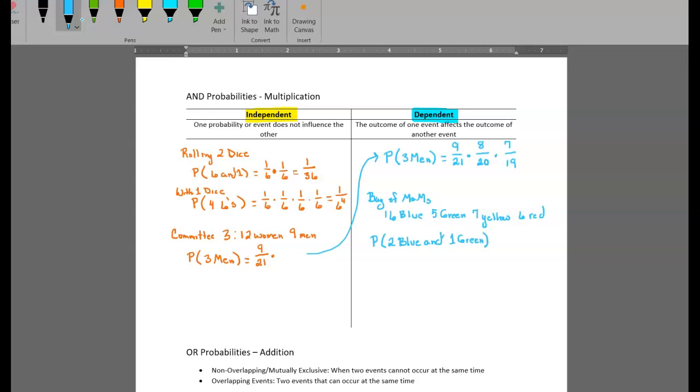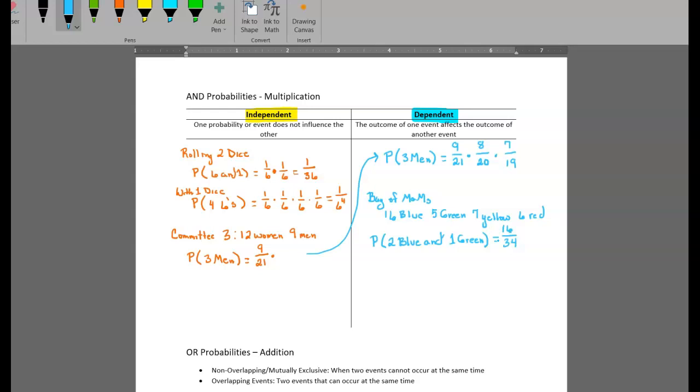We first need to figure out how many total candies we have. So let's add up 16 plus 5 plus 7 plus 6. We end up with 34 total candies. I want 2 blue ones, so I'm going to pick out one of those. So I have 16 out of 34.